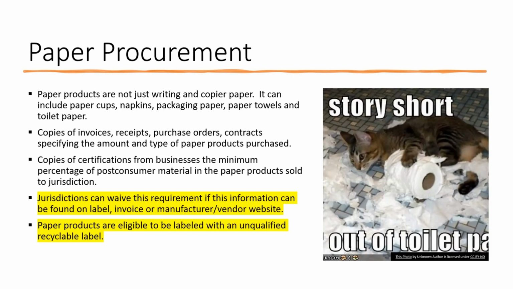So you really need to work with finance to determine how much paper is purchased annually, and you need some type of information either from the vendor you're purchasing from or the manufacturer that shows that the paper was made out of so much recycled content. Next slide, please.